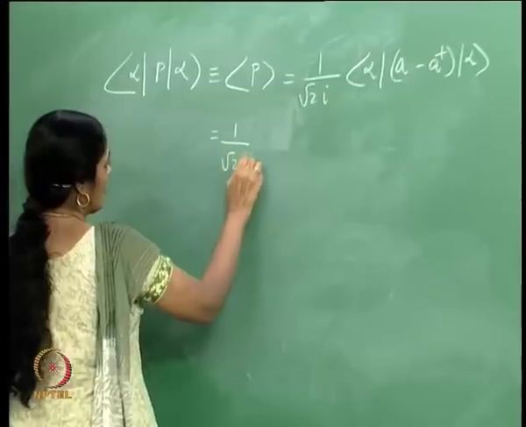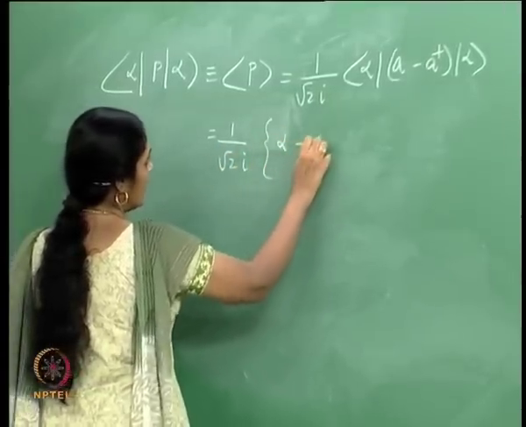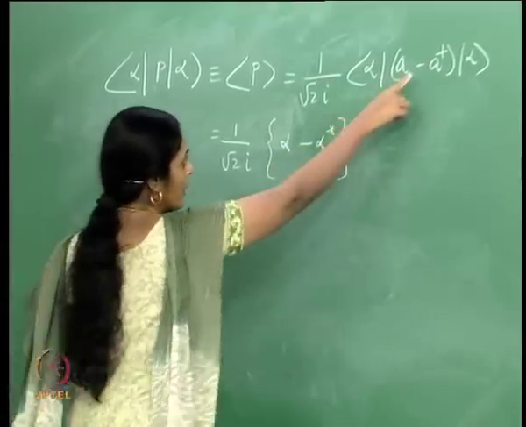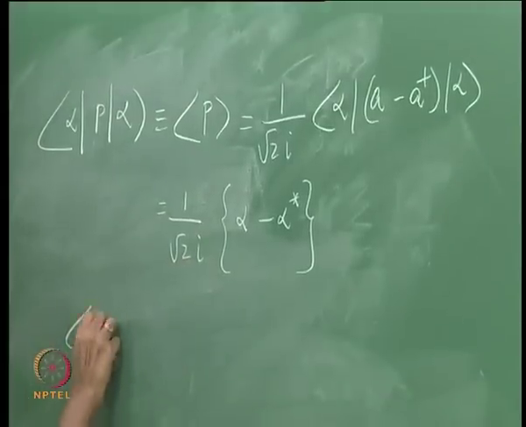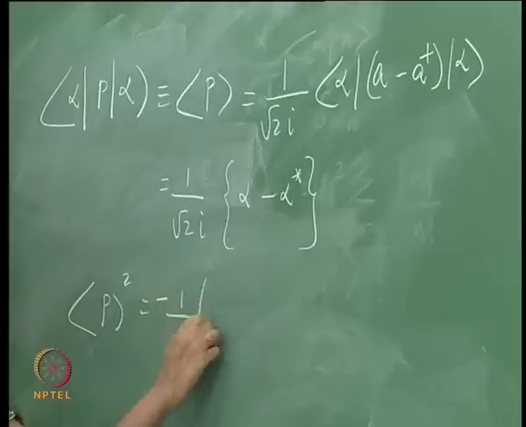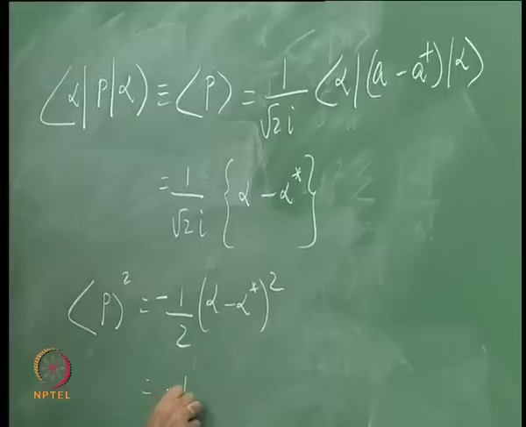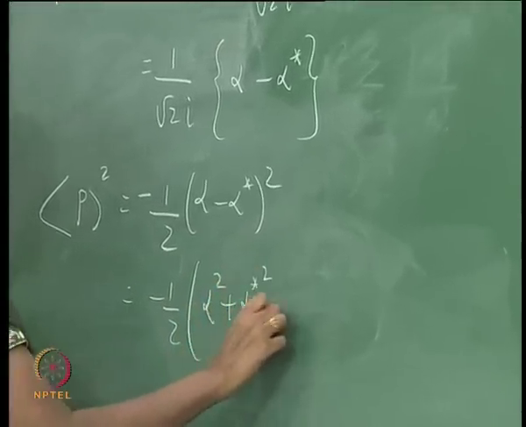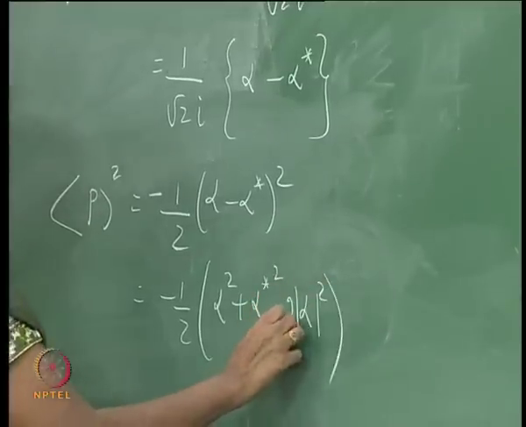This object is 1 by root 2i. The first term is alpha, and the next term is alpha star, with a relative negative sign between them out there. So expectation P the whole squared is half with a minus sign, alpha minus alpha star the whole squared, which is minus half, alpha squared plus alpha star squared minus 2 mod alpha squared.